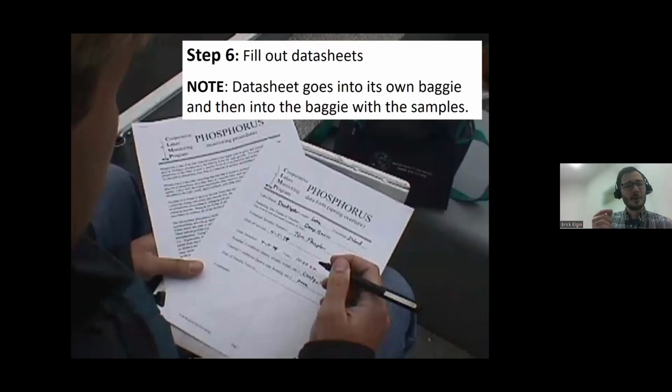Make sure the data sheet is in its own Ziploc bag, mainly because if it's touching the bottles, that paper will disintegrate, or when we take it out, we have to hang it up and have it air dry on a little clothesline, hoping that it doesn't just shred apart. So that's why we want the data sheet in its own bag.